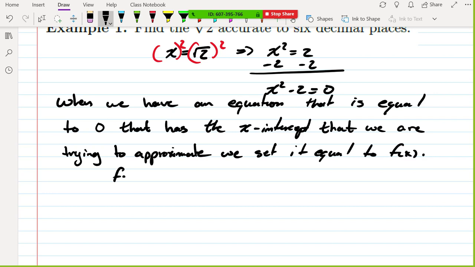So that is, our f of x then is x squared minus 2. Because the 0 is the square root of 2.